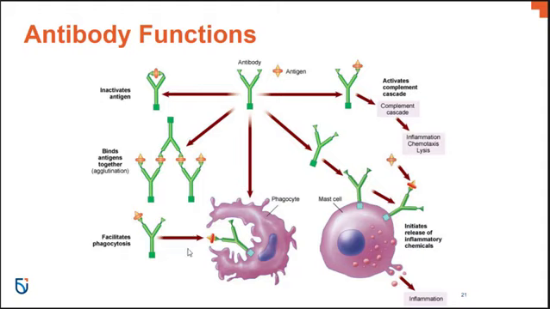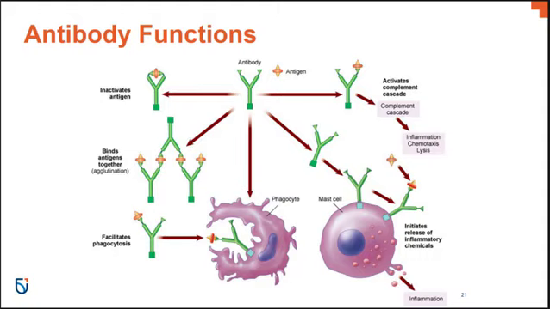perform phagocytosis. The binding of the antigen to the antibody still produces another effect in that it activates the complement cascade that we spoke about earlier that will contribute to the destruction of these foreign cells through many different processes, which leads to this complement cascade, inflammation, chemotaxis, and lysis.